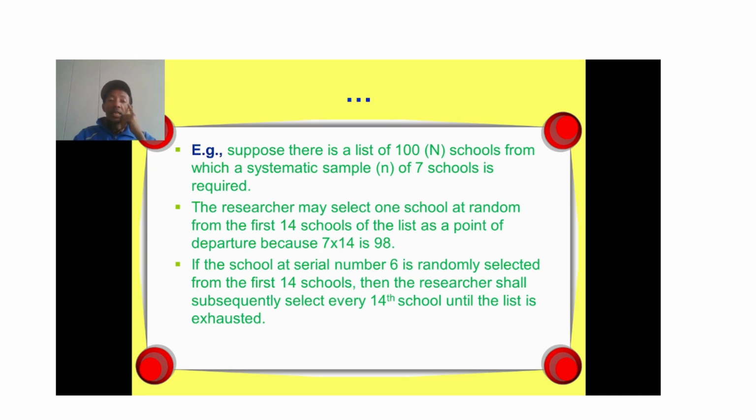If the school at serial number 6 is randomly selected from the first 14 schools, then the researcher shall subsequently select every 14th school, because 7 times 14 is 98, less than 100, until the list is exhausted.